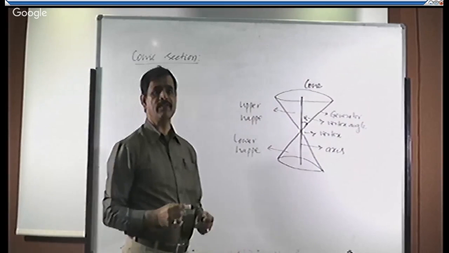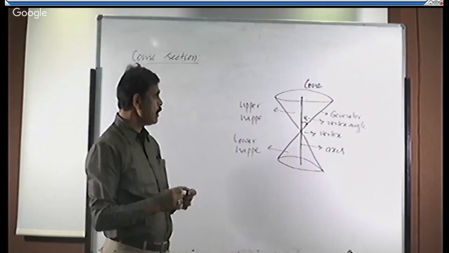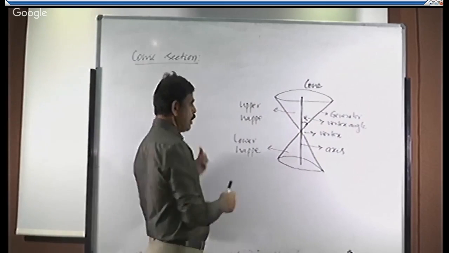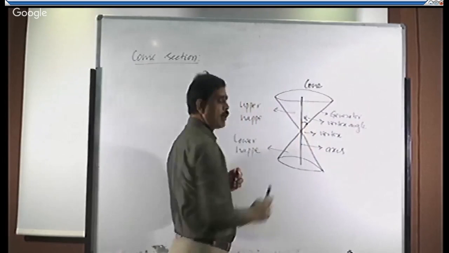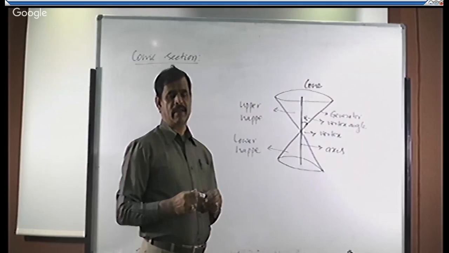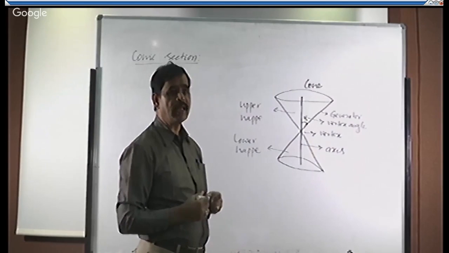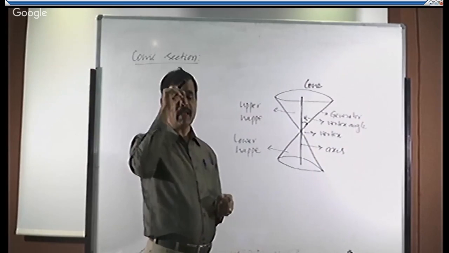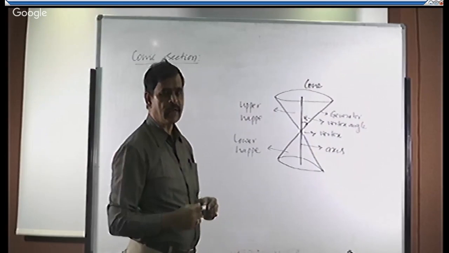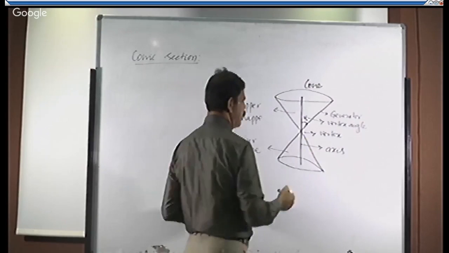This is what is known as the right circular cone. If this right circular cone is cut by a plane, then we will have conic surfaces. We will get the conics in general.